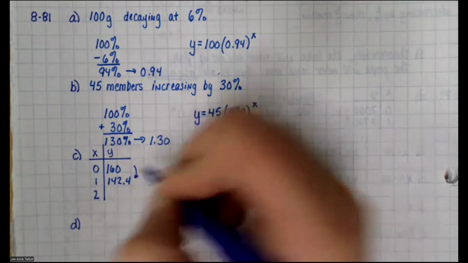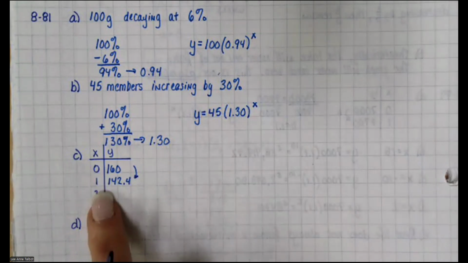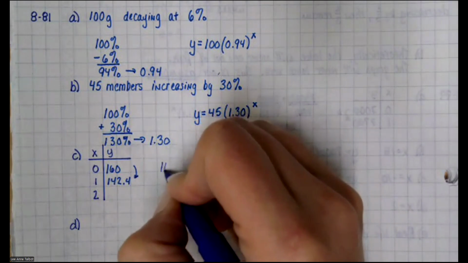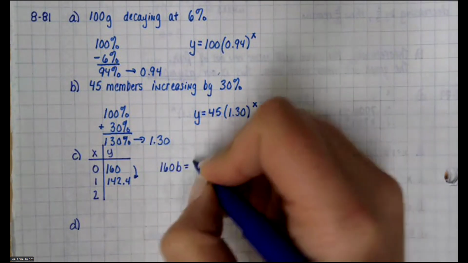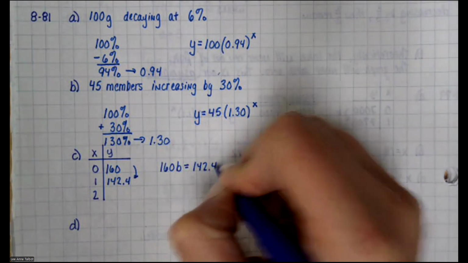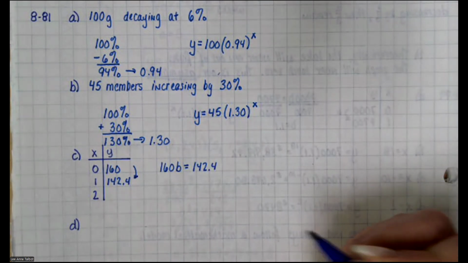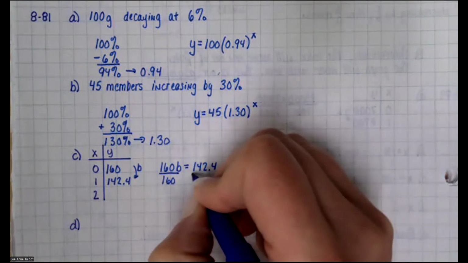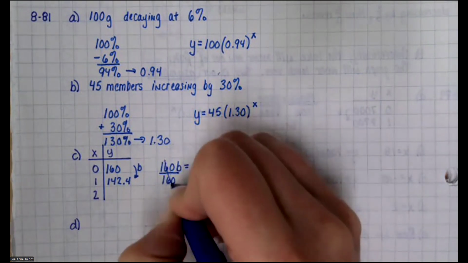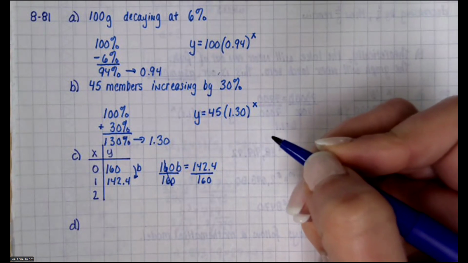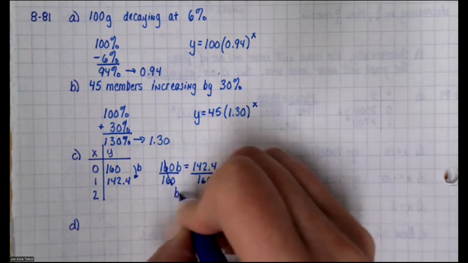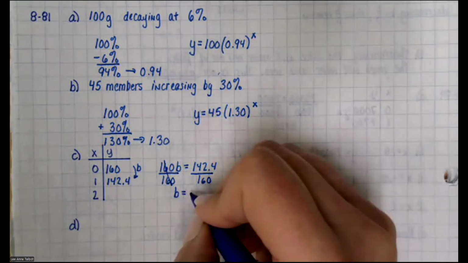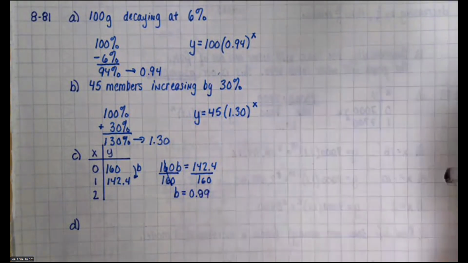Okay. C. How do I find it from a table? What is b, guys? 0.89. Okay.